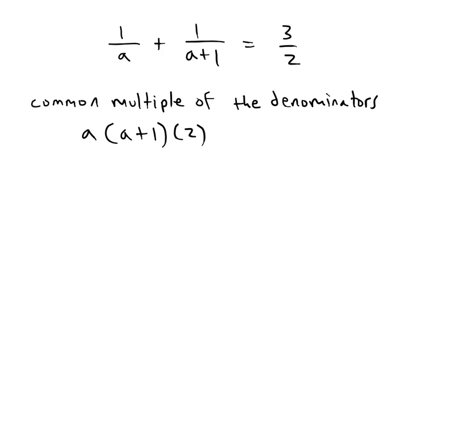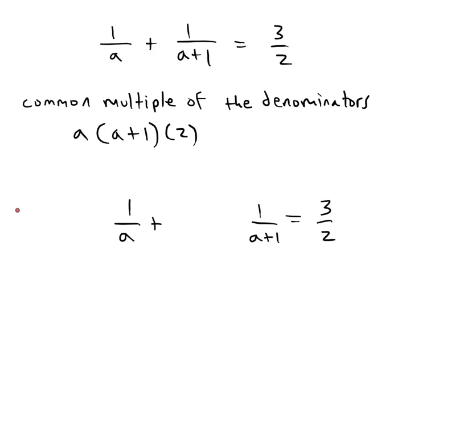It's just the product of all three of them. So we'll multiply a times a plus 1 times 2 here, and a times a plus 1 times 2 here, and do it here as well.